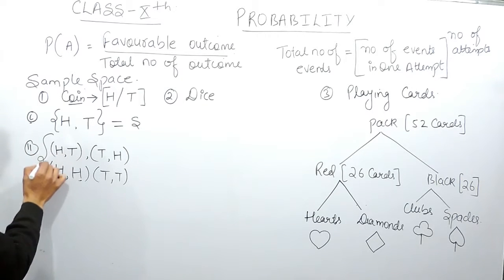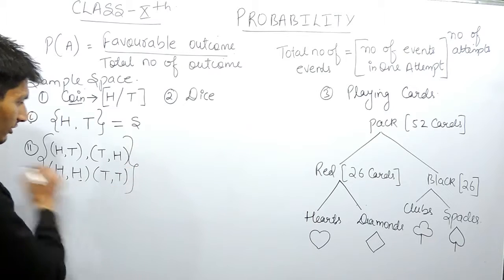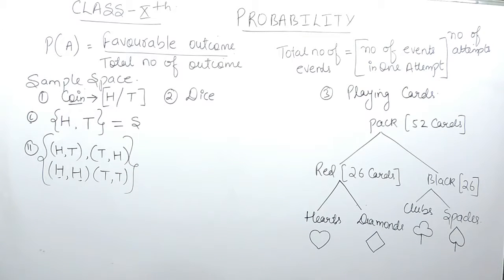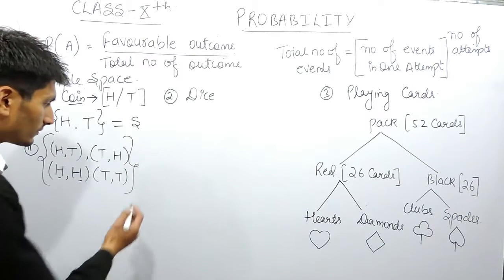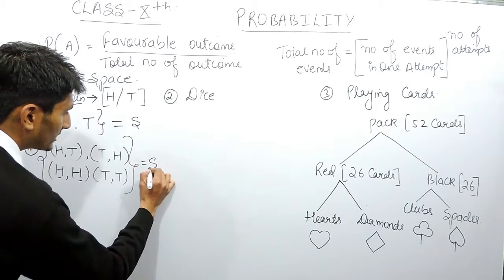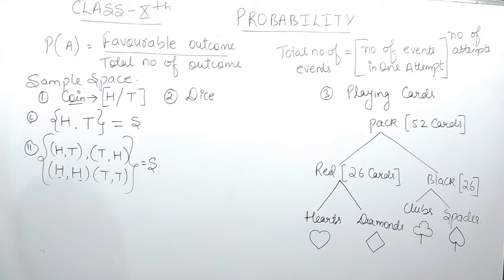These are the possible outcomes when two coins are tossed simultaneously. Simultaneously means together. Again, this is the sample space for two coins, the total number of possible outcomes.